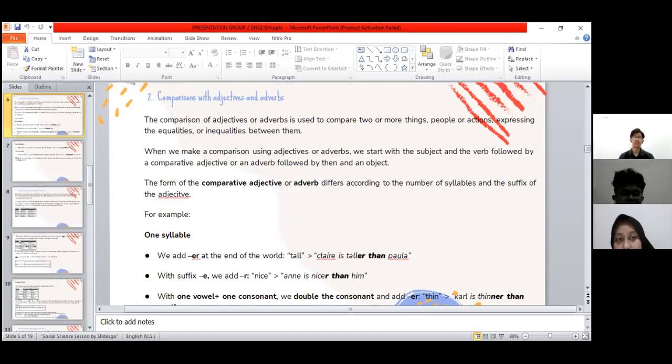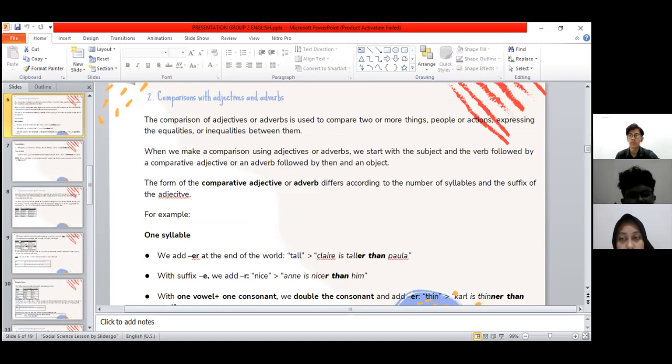Number two is comparison with adjectives and adverbs. The comparison of adjectives or adverbs is used to compare two or more things, people, or actions, expressing the equalities or inequalities between them. When we make a comparison using an adjective or adverb, we start with the subject and the verb, followed by a comparative adjective or adverb, followed by than and an object.